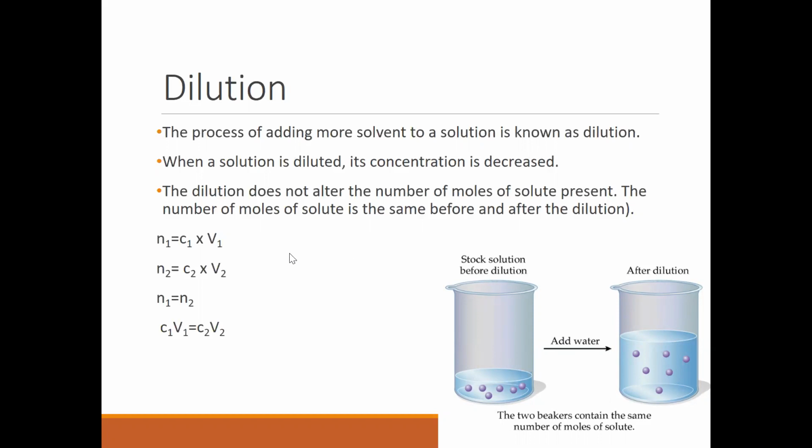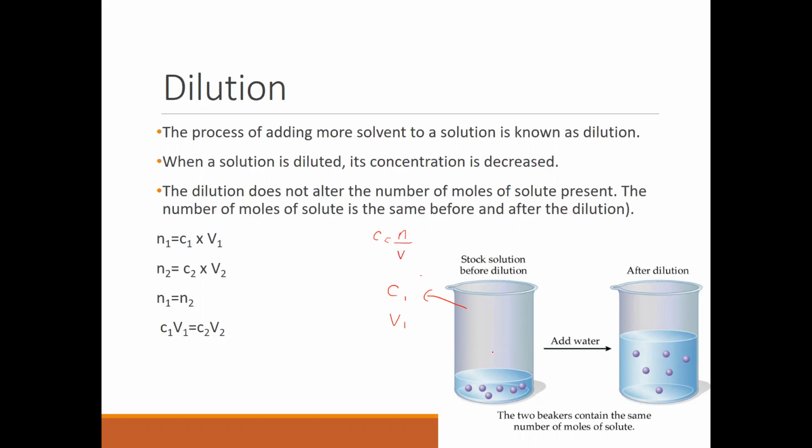So the number of moles in the concentrated solution is C1 times V1, where C1 is the concentration of this solution and V1 is the volume. Based on the formula C equals N divided by V, N1 equals C1 times V1.